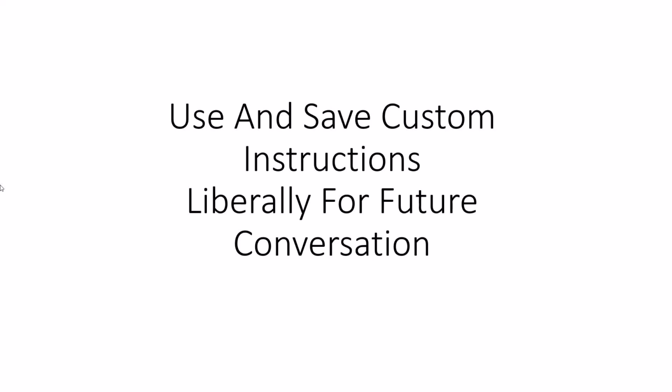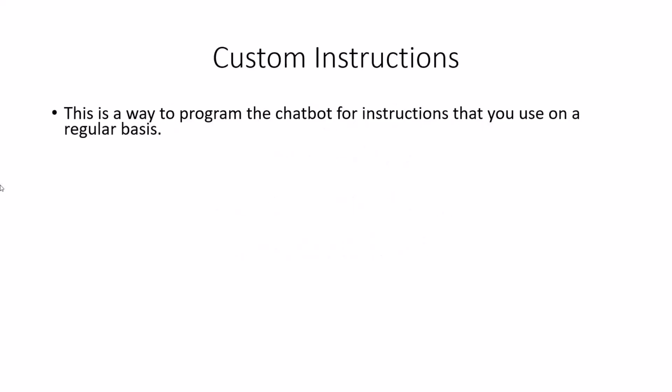This is a way of programming the chatbot for instructions that you use on a regular basis. If you are always telling the chatbot, this is what I do for my business, or here's what I want to do in this section, and you find yourself saying that over and over again in different conversations, you want to create a conversation with those custom instructions.